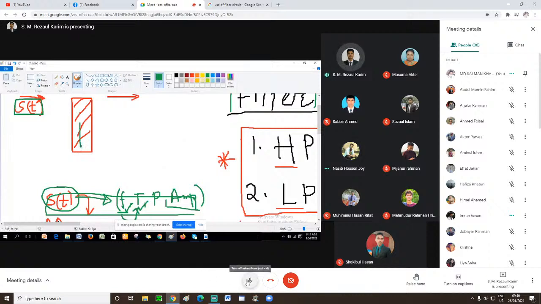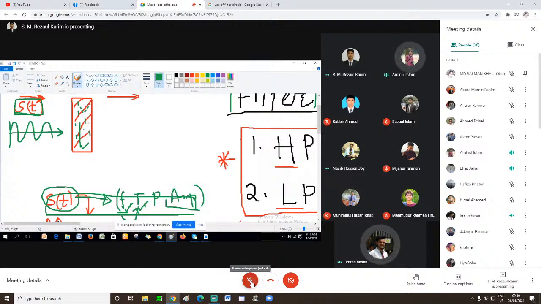This is a filter circuit, and on the input side we are giving a signal. Suppose this is the signal, S of t. So based on what parameter will the filter act or react? Sir, it would be frequency. Yes, frequency.